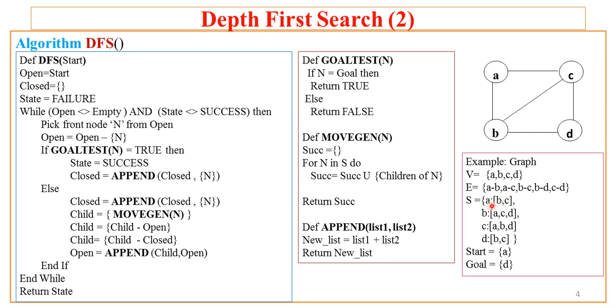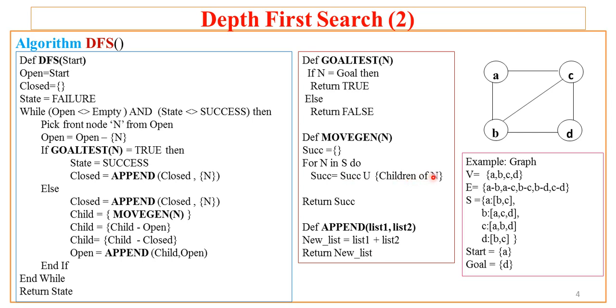So here A has successors B and C. First it searches whether A is present in this list or not. In this list S, A is the first element. As there is a match, it takes this B and C and stores them in successor. Initially successor is nil, that is, no element is there.